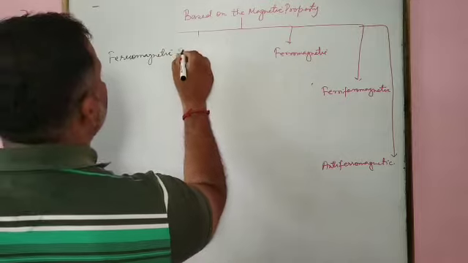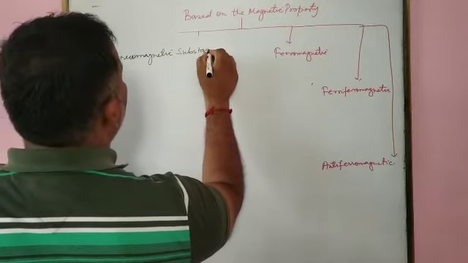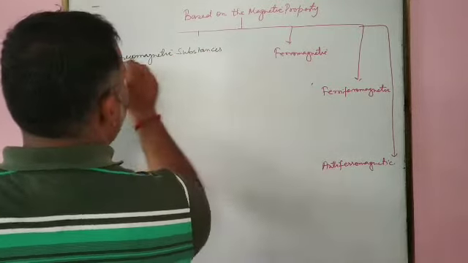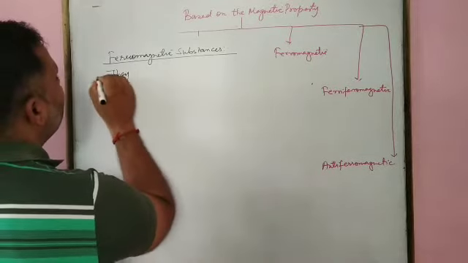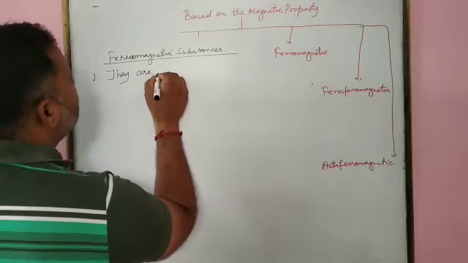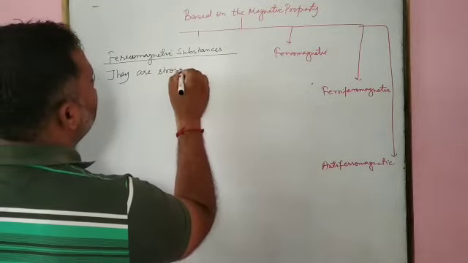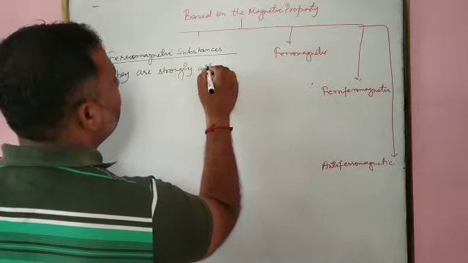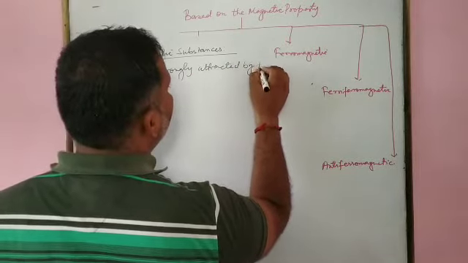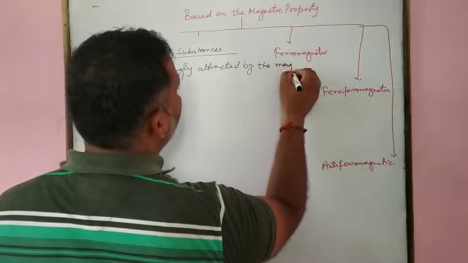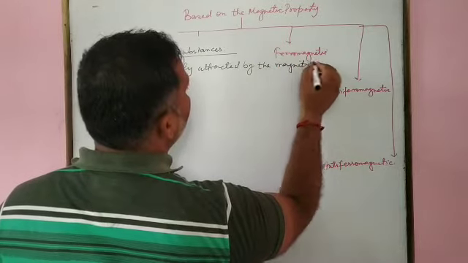Ferromagnetic substances. In ferromagnetic substances, they are strongly attracted by the magnetic field.